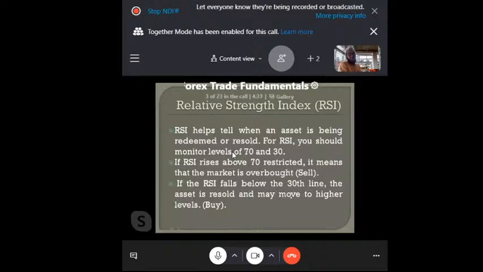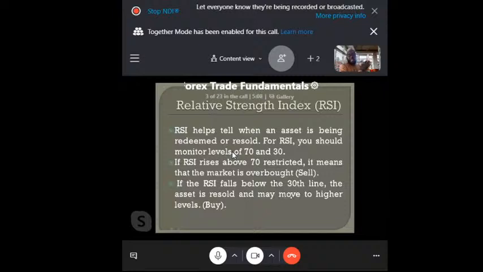So RSI now. RSI stands for Relative Strength Index. It's very similar to the stochastic that you learned before. RSI helps tell when an asset is being overbought or oversold. For RSI, you should monitor level 70 and level 30. Just like our stochastic, if RSI rises above 70, it means there is overbuying and you have to sell your assets.